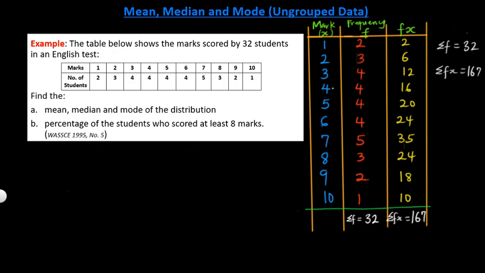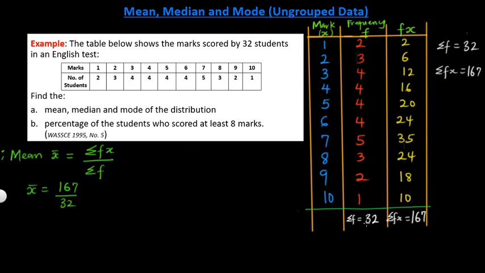Going forward, the question asks us to find the mean. Number 1, the mean, which is x bar, equals, the formula is summation fx over summation f. So our summation fx is 167 and summation f is 32.